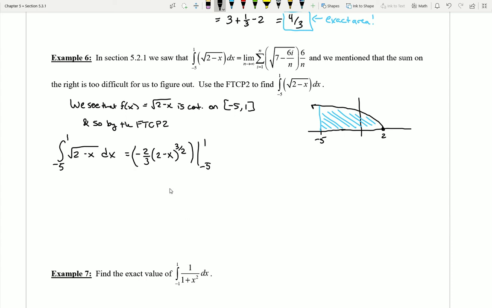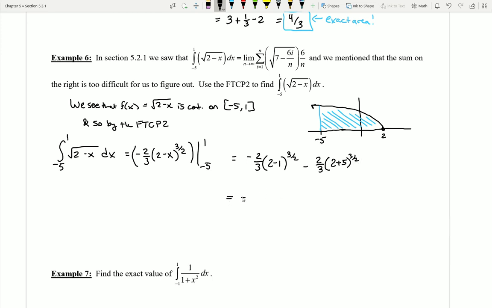All right, so let's go ahead here and take a look at now the fact that I need to evaluate this from -5 to 1. So that means I'm going to do -2/3, 2 minus 1 to the 3 halves power, minus -2/3, 2 minus -5, or I'll write plus 5, to the 3 halves power.